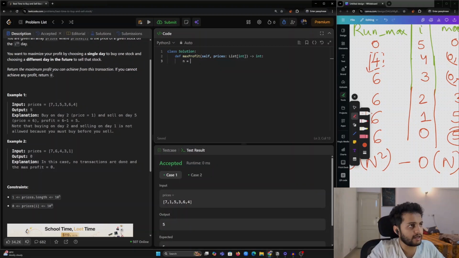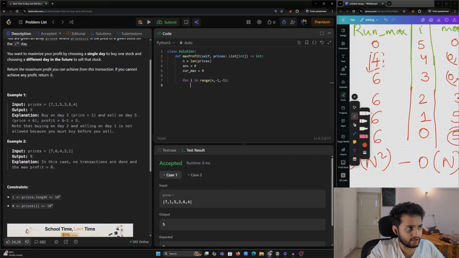First, we can take out the length of the prices. Then we can also maintain our answer, which is currently 0. And we will also maintain our current max, which is also 0 right now. And then we can iterate from the back, which is i in range n, minus 1, minus 1. Okay.